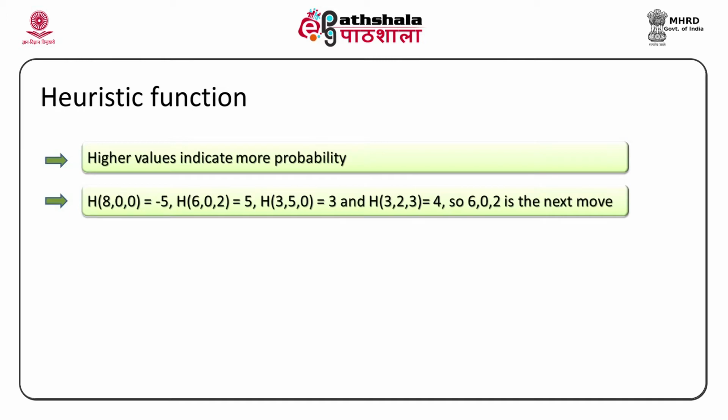I can move to 800, 602, 350, or 323. Suppose my heuristic function says that 800's heuristic value is -5, 602 is 5, 350 is 3, and 323 is 4. It clearly indicates that 602 is better than the others, so I just choose 602.